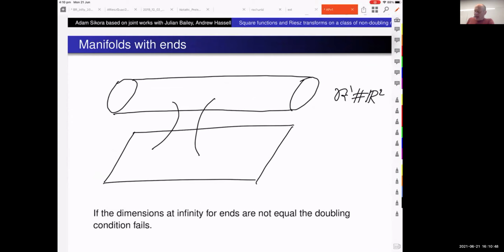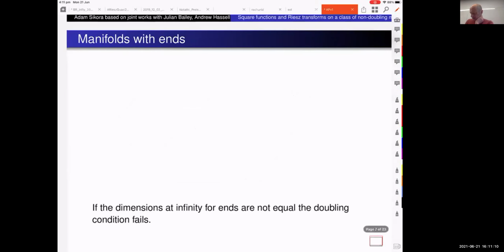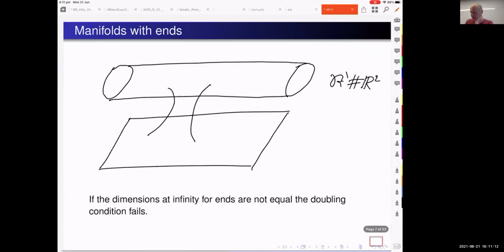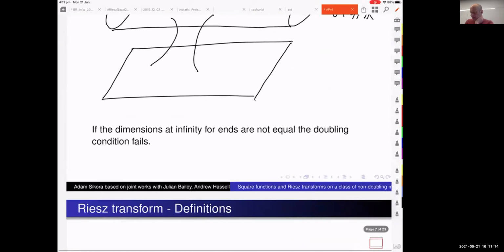And if we are on the plane, it behaves like r squared. If you look a little bit, what does it mean? It means that the space doesn't satisfy a doubling condition. So that's one of the main points of interest in this discussion.